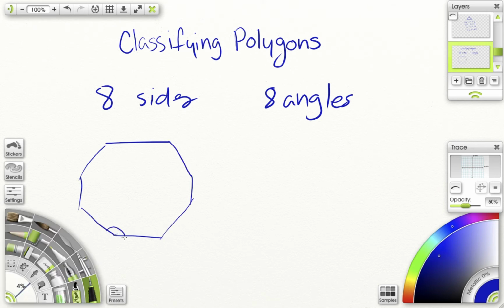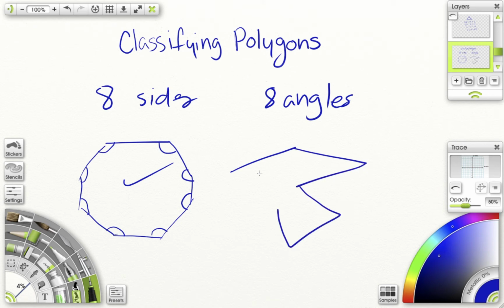So we have 1, 2, 3, 4, 5, 6, 7, and 8. So this shape works. How about just a random 8-sided shape? 1, 2, 3, 4, 5, 6, 7, and 8.